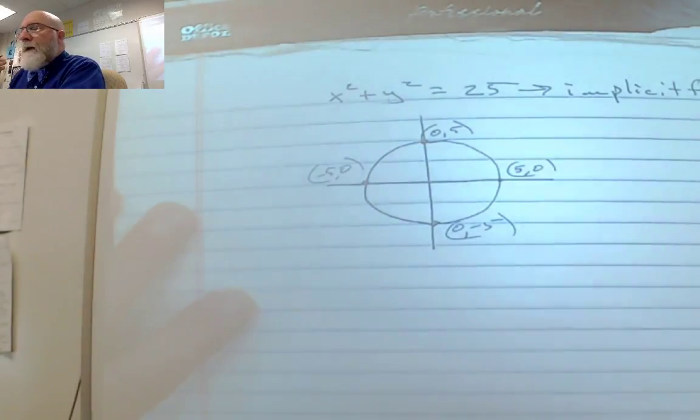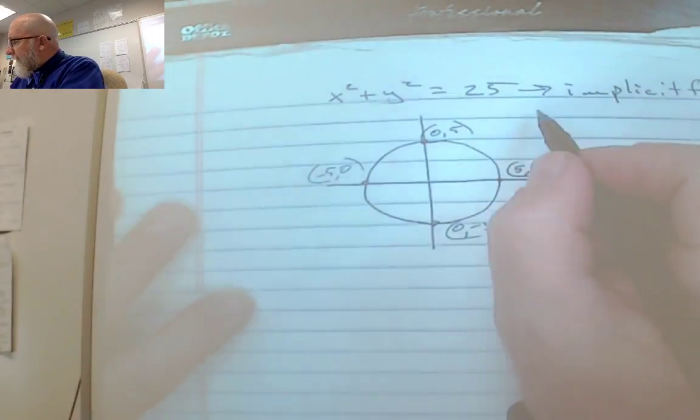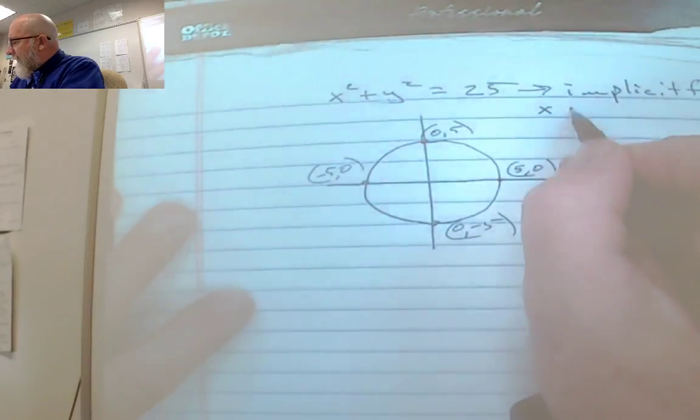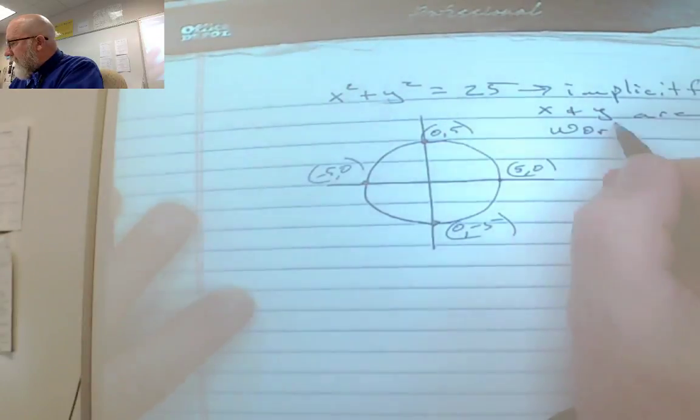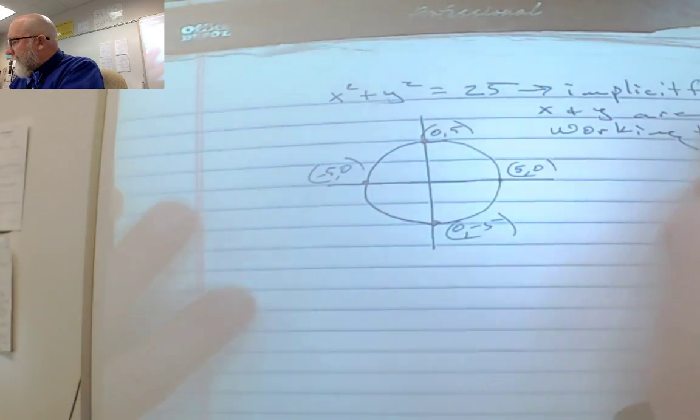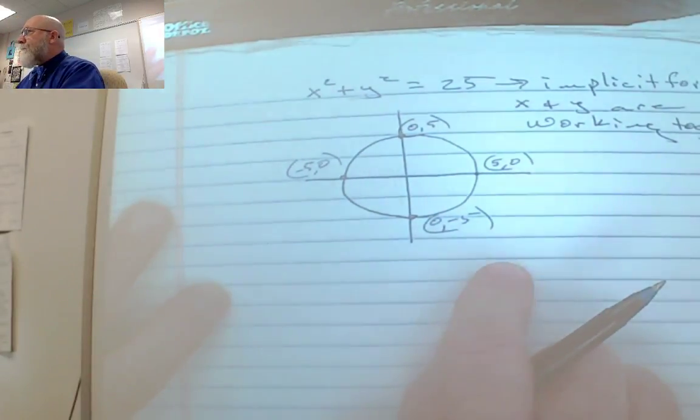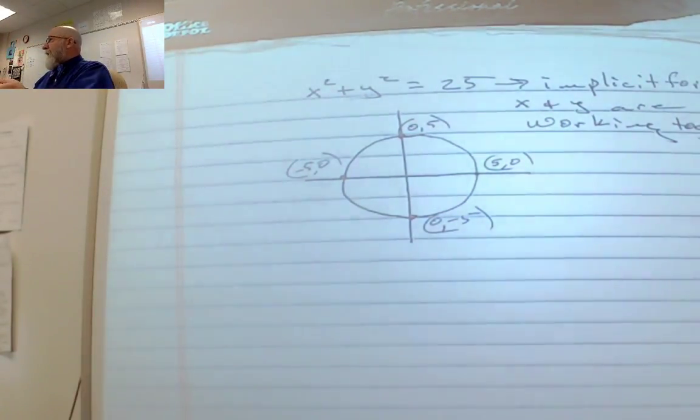In my brain, implicit form means x and y are working together. In other words, I squared x, I squared y, and then what did I do?